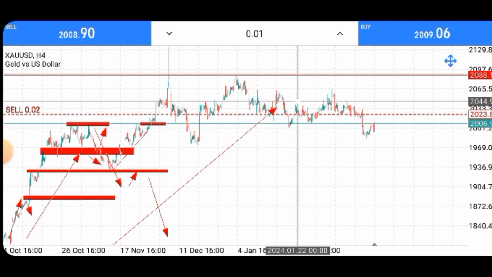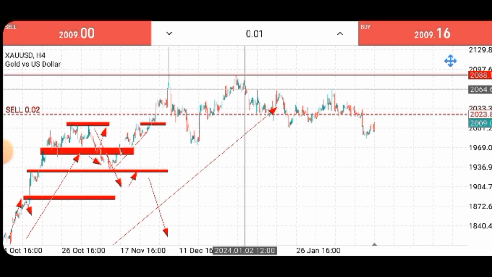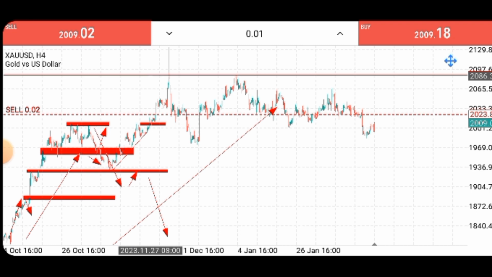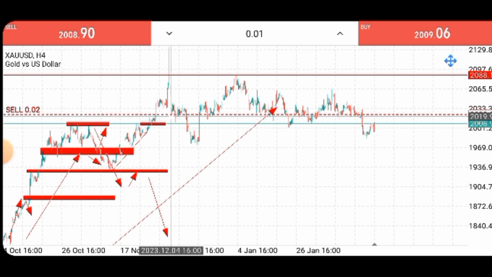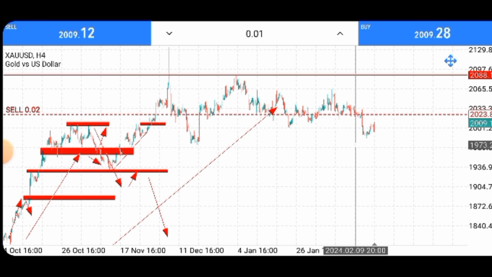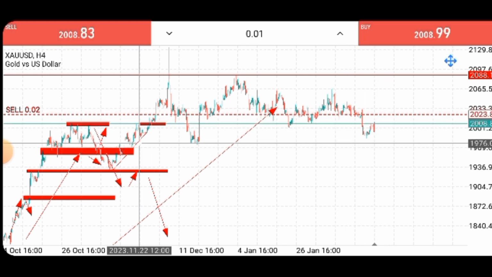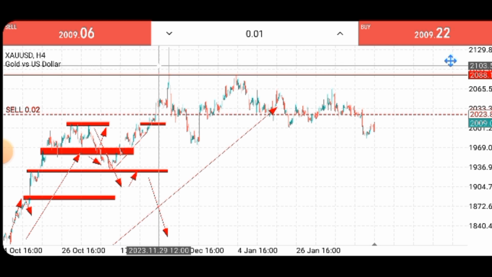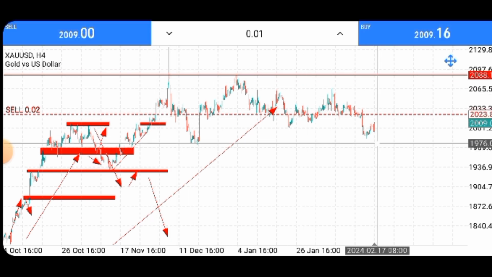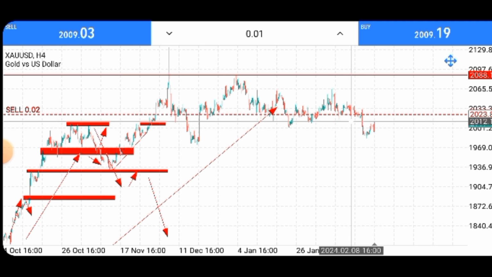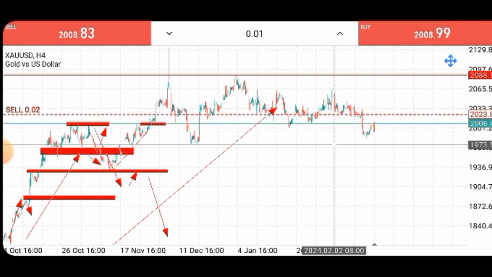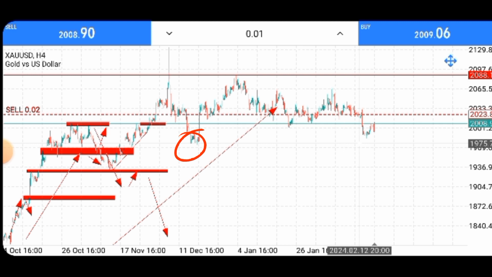Before this sell, we did reach these highs. These highs were set in motion by this high. I was anticipating that gold was going to reach these highs because of this huge move. But I know if we do come for these lows, we might reverse towards the upside. But if we come to these lows and then we break, then I know that these highs were significant enough to push this move to break those lows.